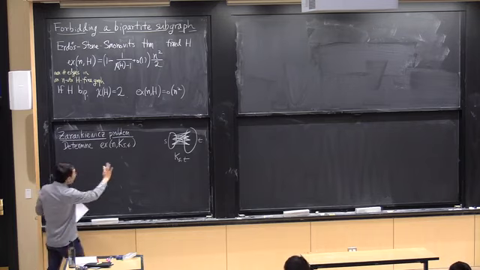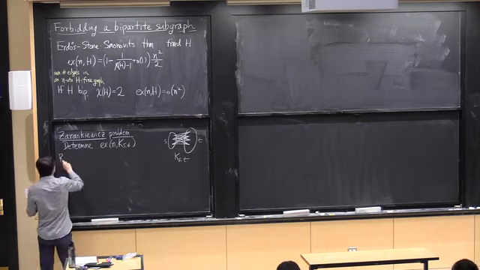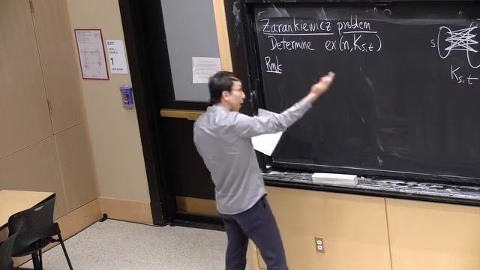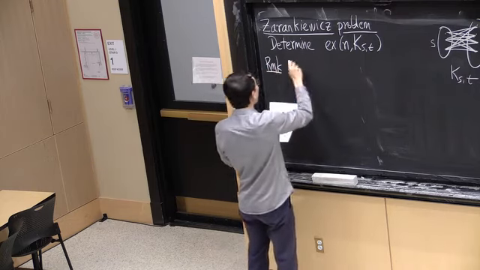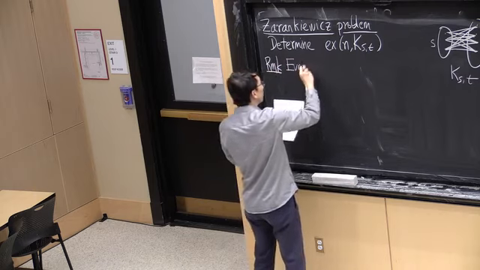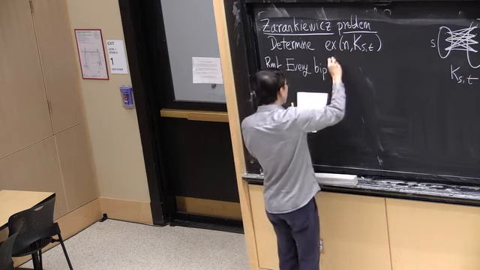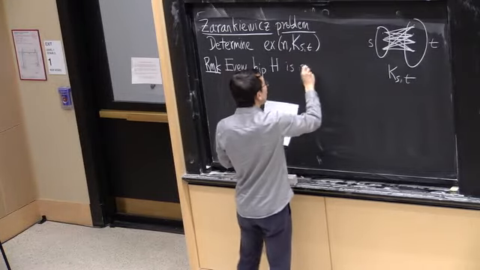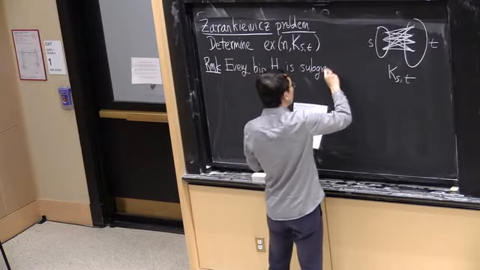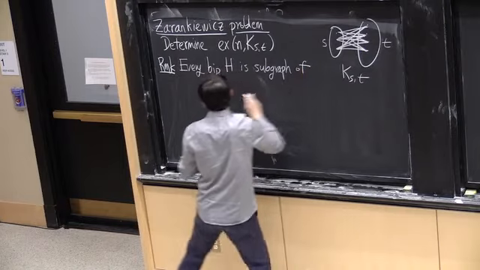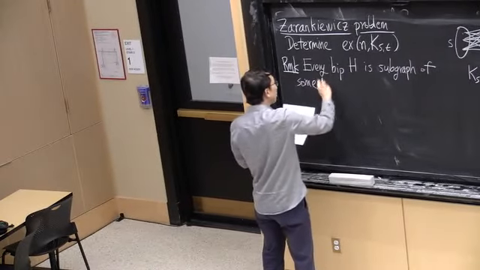Now, every bipartite graph is a subgraph of such a complete bipartite graph. So every bipartite H is a subgraph of some K_{s,t}.